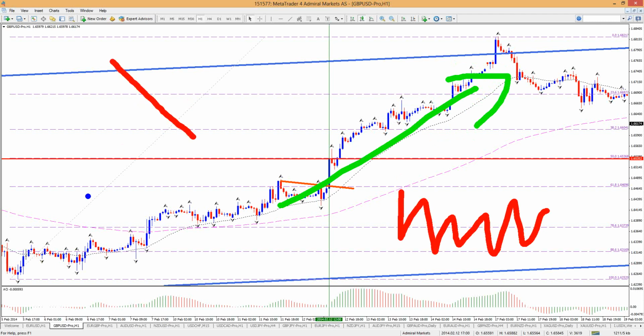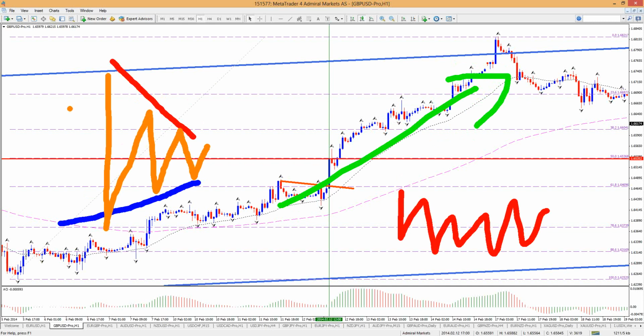If you have a resistance line and a support line and price is bouncing in between those, it's actually constantly at the bounce or break spot, but it's just bouncing. If it then decides to finally break out of one of these trend lines, then of course it's breaking. But each of these is a bounce or break spot.